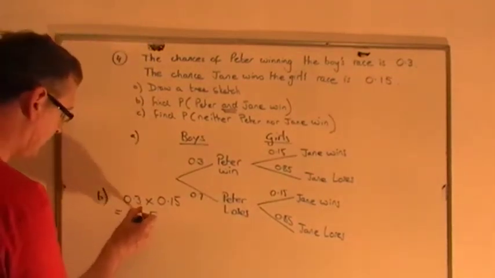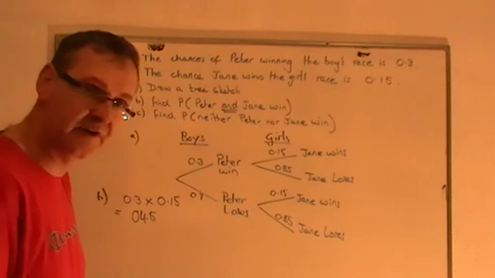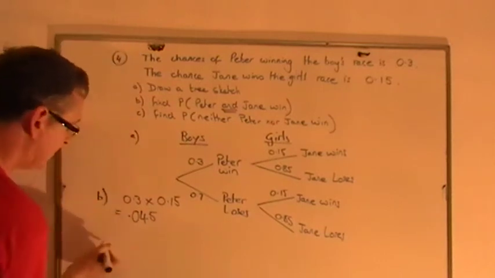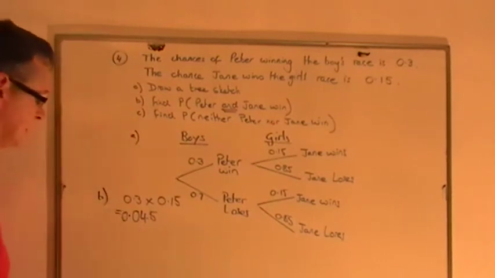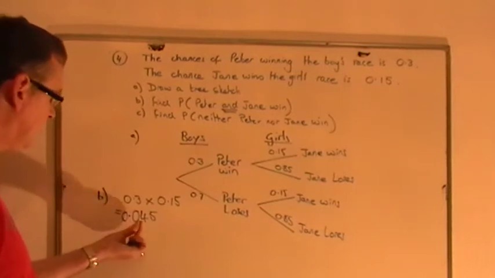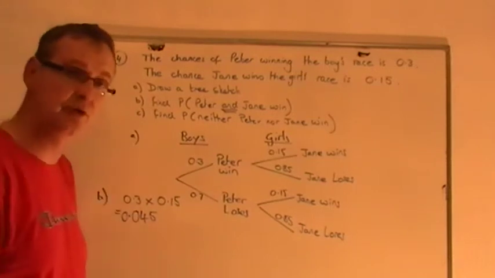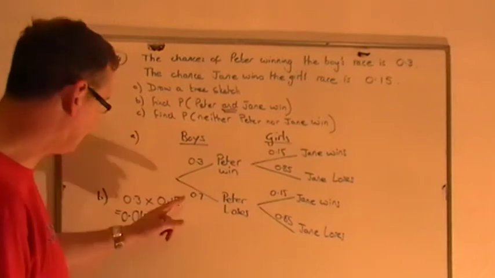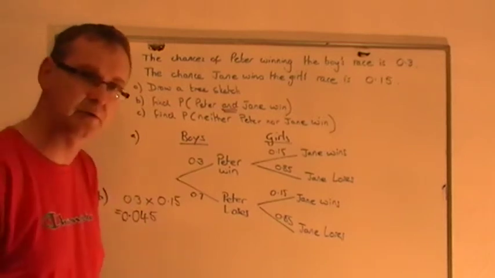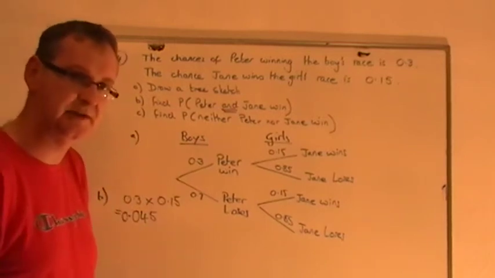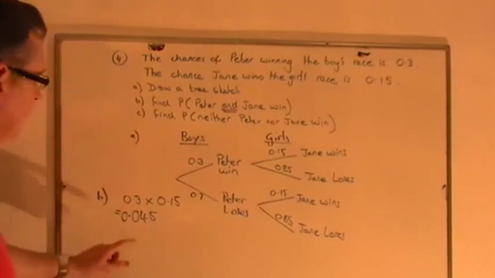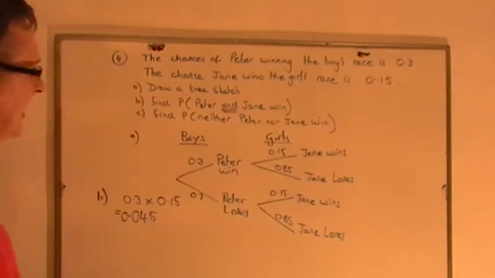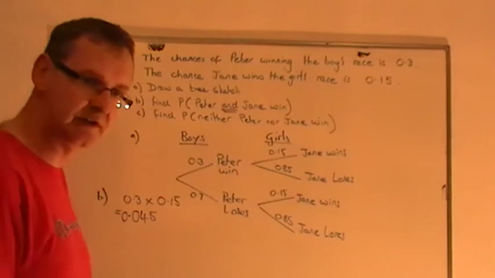Well, what you need to do is put a 0 in front of the 45 and make it 0.045, like so. So it's point and then 1, 2, 3 decimals. 0.045 is the correct answer to that. Not 0.450. The 0 on the end wouldn't count as a decimal place. So 0.045 is the answer to part B. That Peter and Jane both win their races.